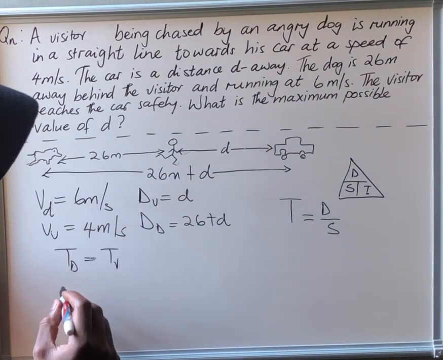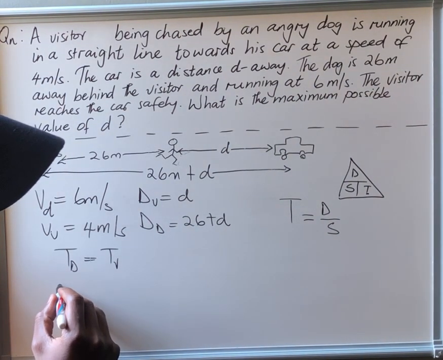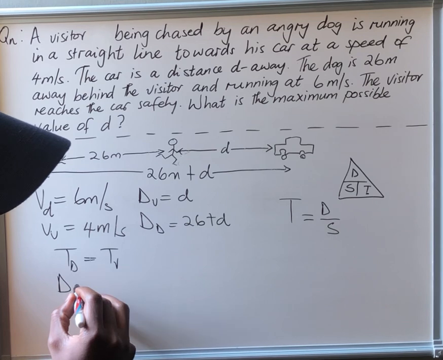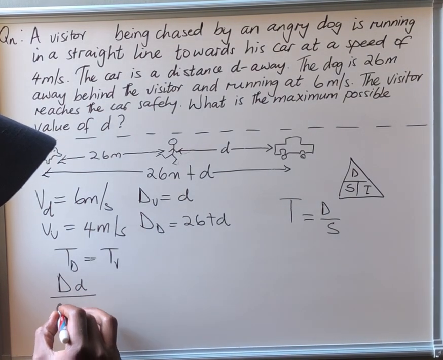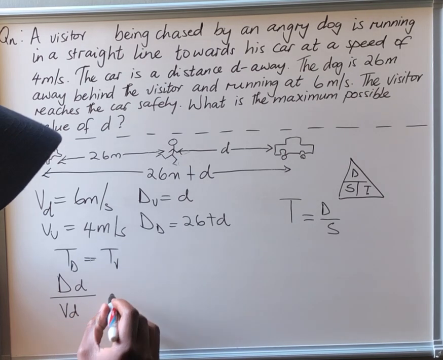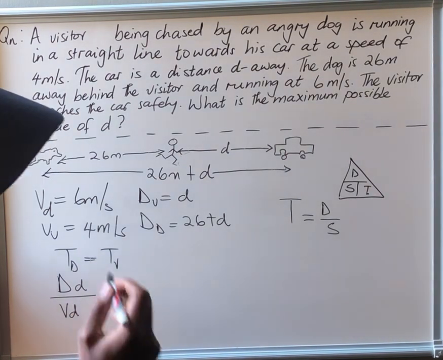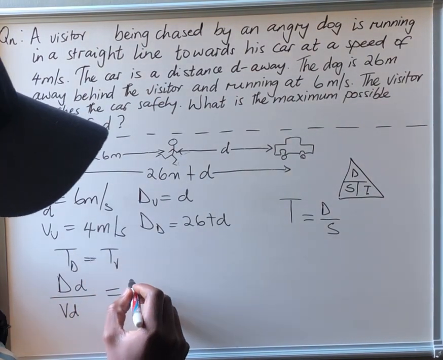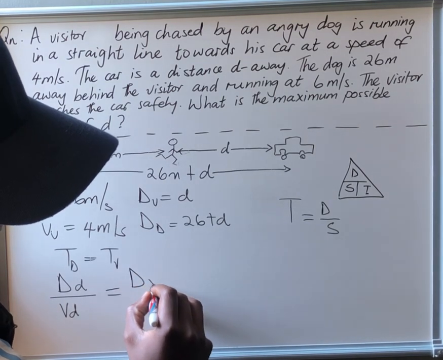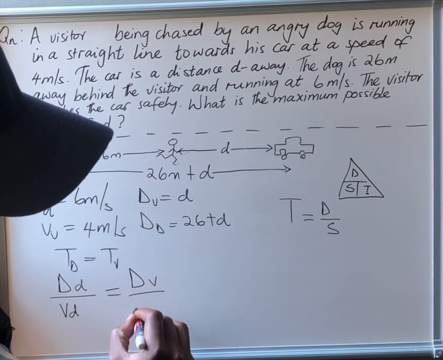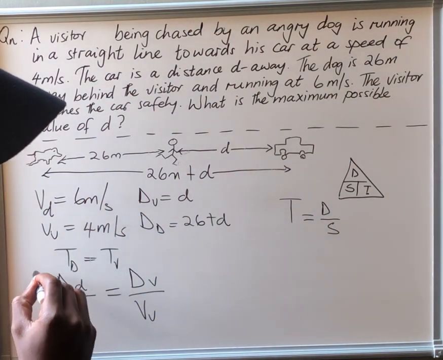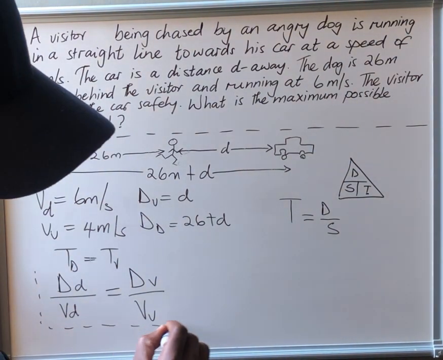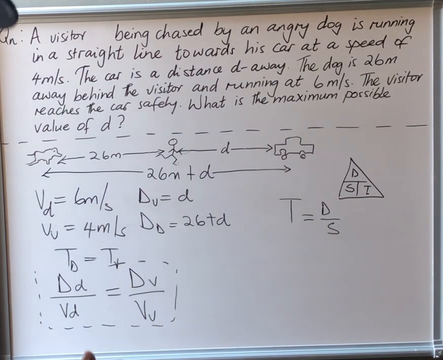The T of the dog is D of the dog divided by V of the dog, and this is equal to D for the visitor divided by V for the visitor. When you solve this, that's when you are going to get your answer.